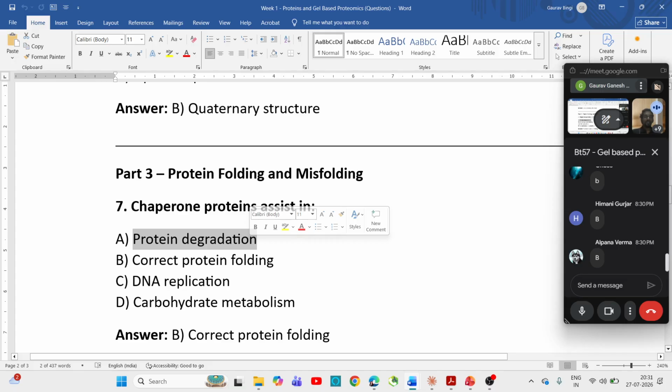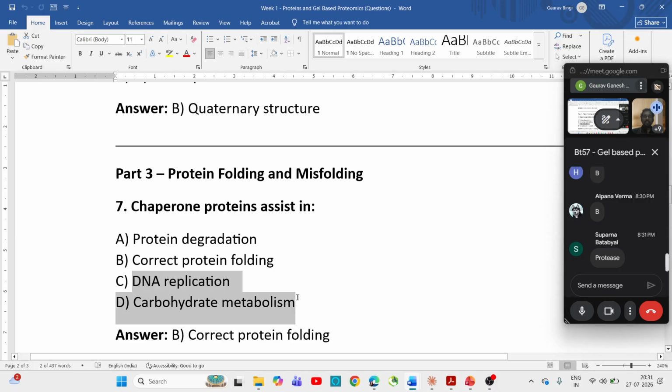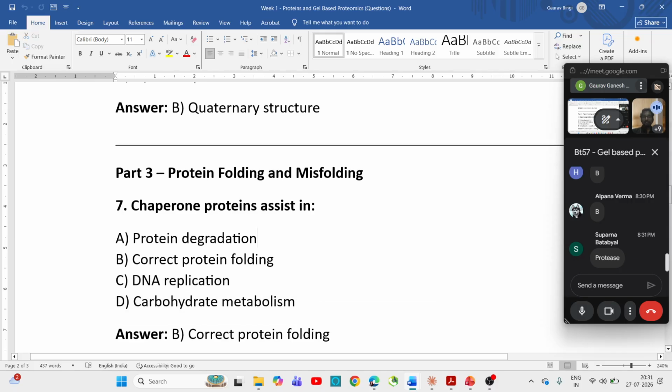Like what enzymes are involved in protein degradation? Proteases or proteolytic enzymes. Okay, in this we are not dealing with DNA and carbohydrate, so I'm leaving that.